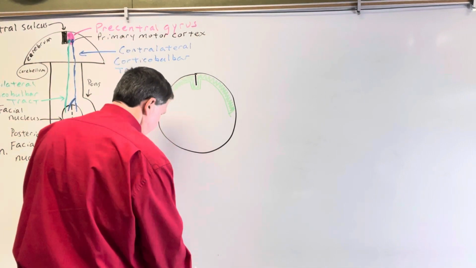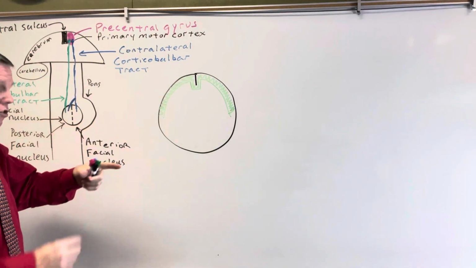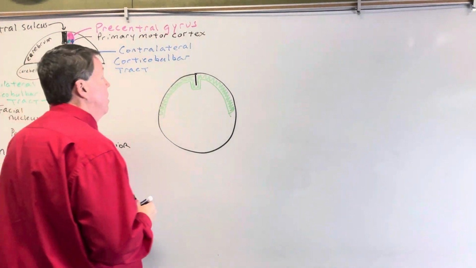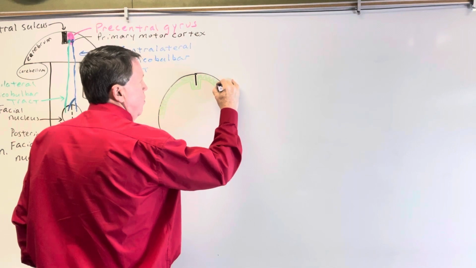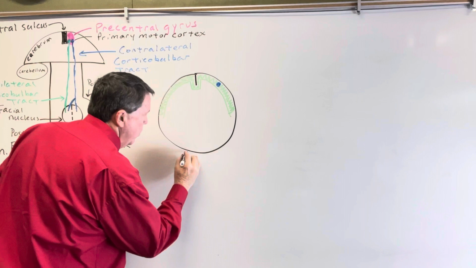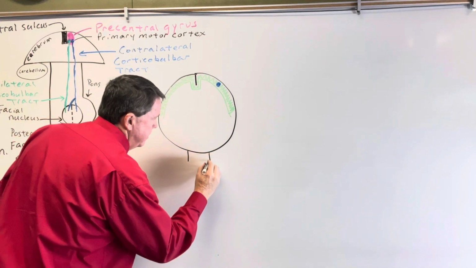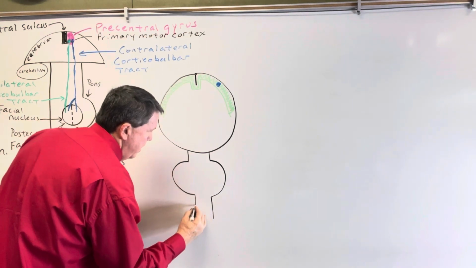Now, if you recall, when we were over here, I said to pretend that the blue is on the opposite side of the brain. We called it the contralateral cortico-bulbar tract. There's my contralateral cortico-bulbar tract right there. And let me draw my brainstem real quick. So this is going to be the brainstem. That's my pons again, in the pons.